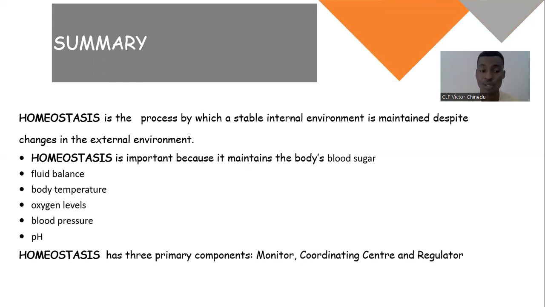We also mentioned that homeostasis has three components or three stages: the monitors, which are the sensory cells, the receptors, the coordinating center, which is the hypothalamus of your brain, and the regulators, which are special parts of your body that affect the changes that your brain wants them to do.